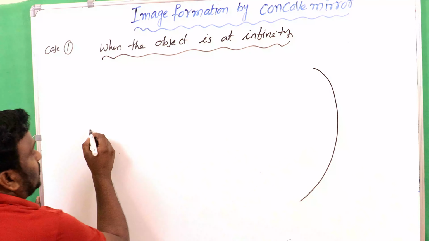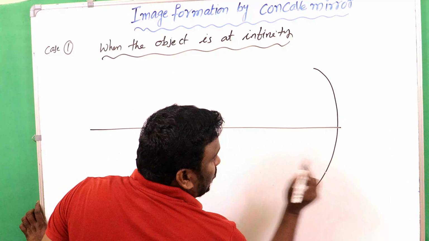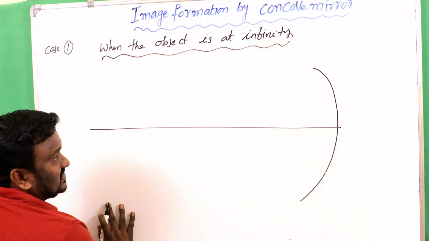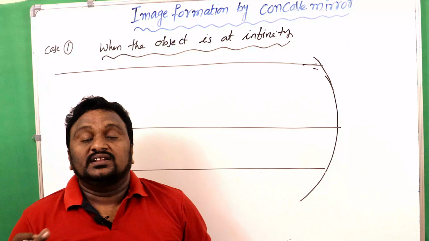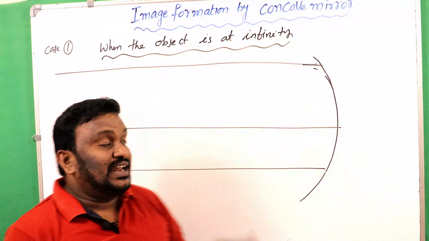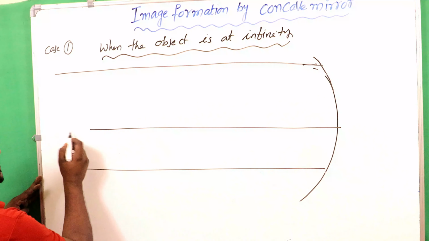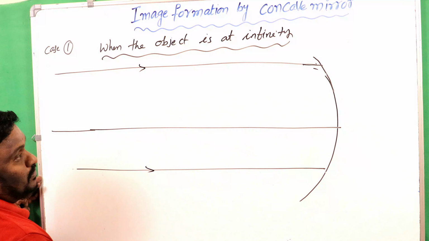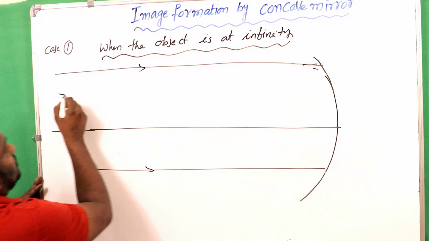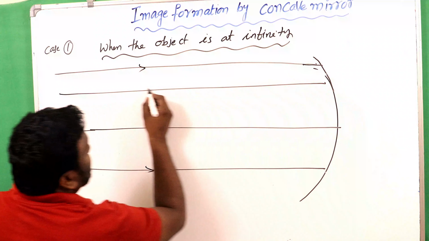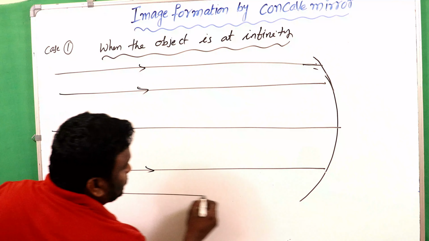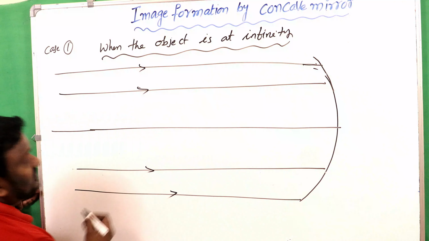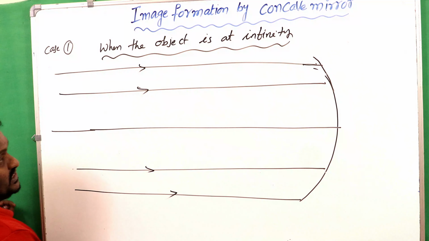So this is the concave mirror and its principal axis. When the object is at infinity, the light rays coming from the object seem to be a parallel beam of light, and we show them like this. So these are the light rays coming from the object.